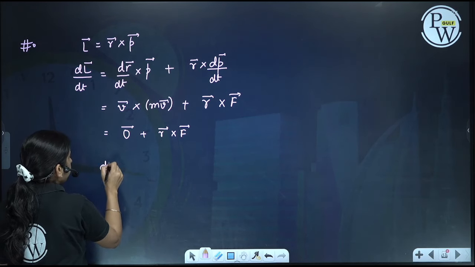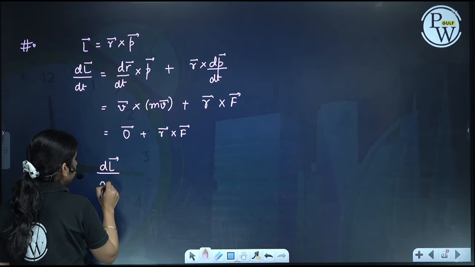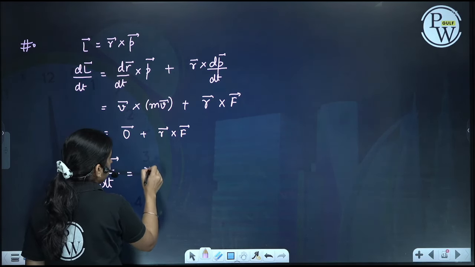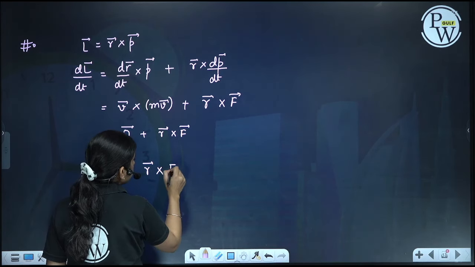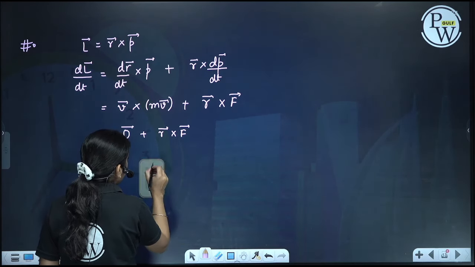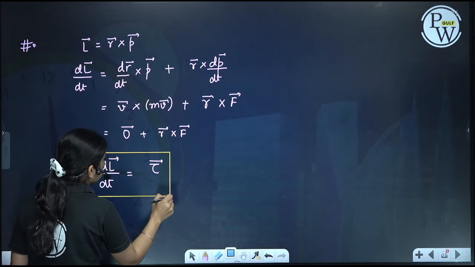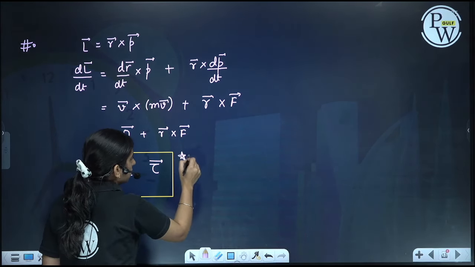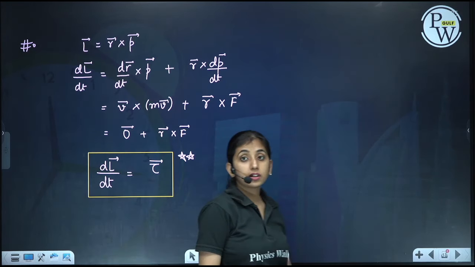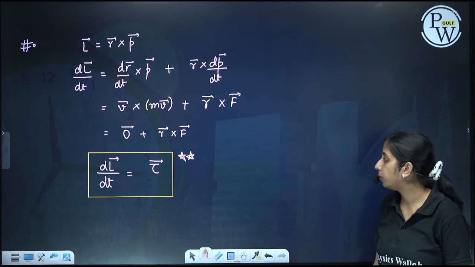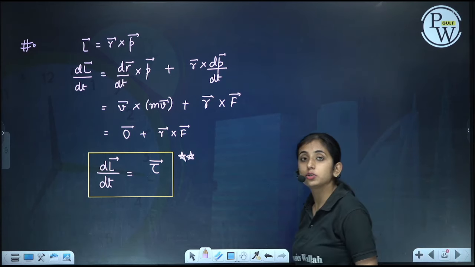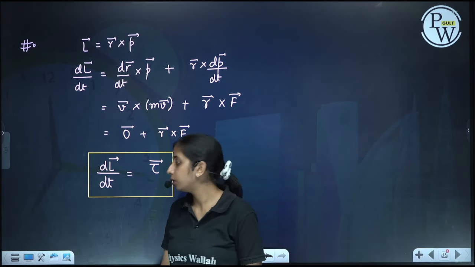So we will get that dL by dt is equal to R cross F. Okay. Or it is equal to tau vector. This is the very important relation, that torque is equal to dL by dt. Rate of change of angular momentum yields torque.